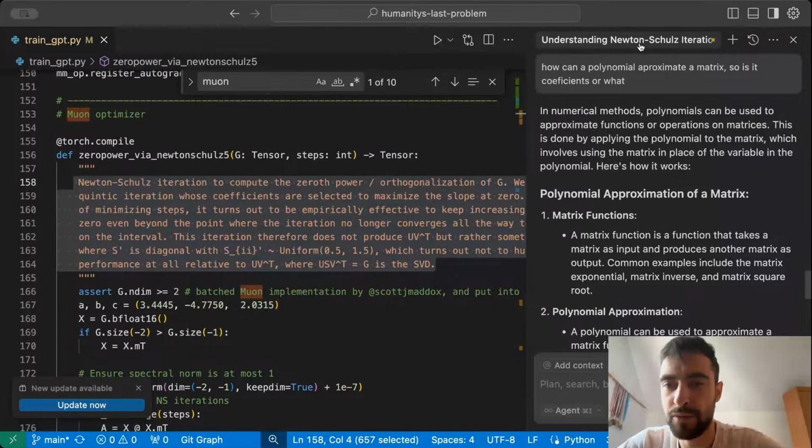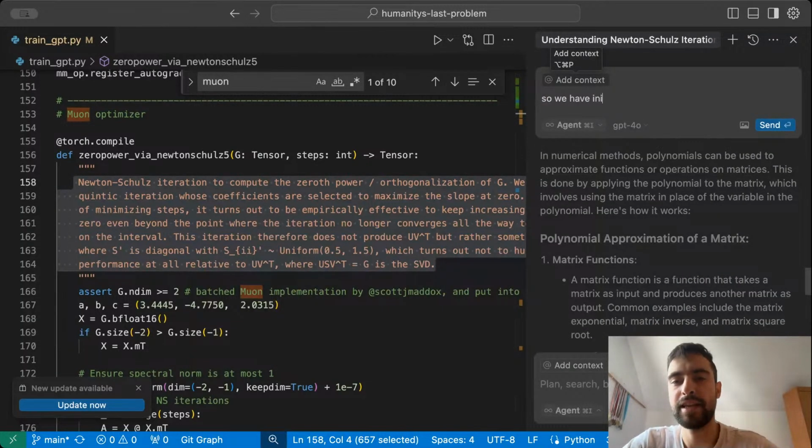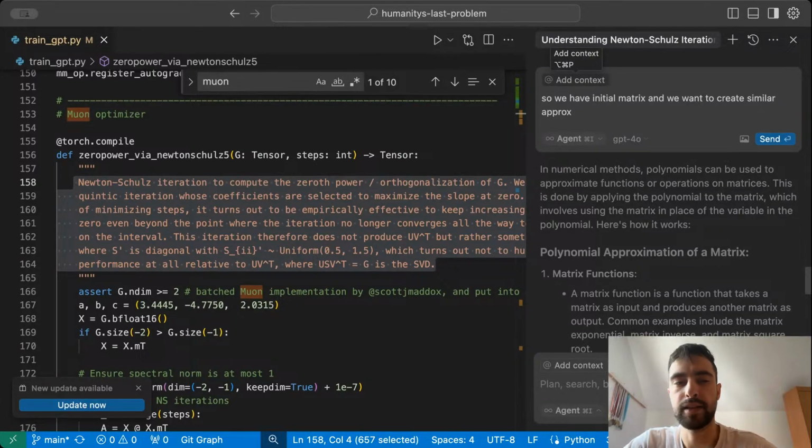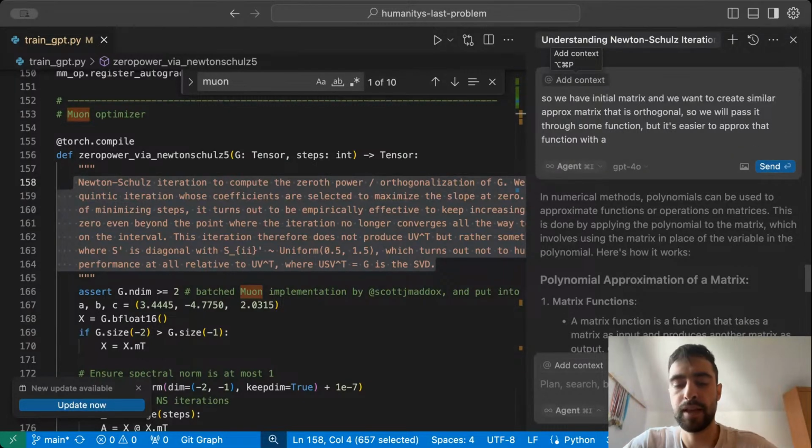So what I'm going to do now is try to explain what I understand. We have an initial matrix, and we want to create a similar approximate matrix that is orthogonal. So we will pass it through some function, but it's easier to approximate that function with a 5-degree polynomial.